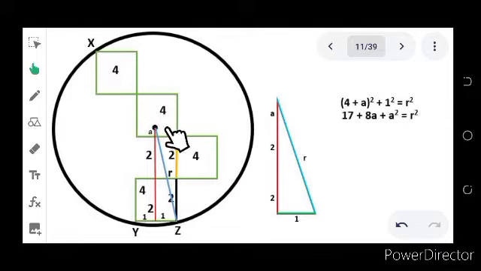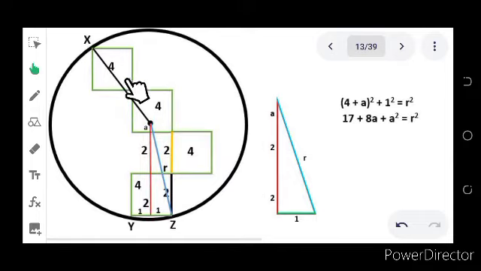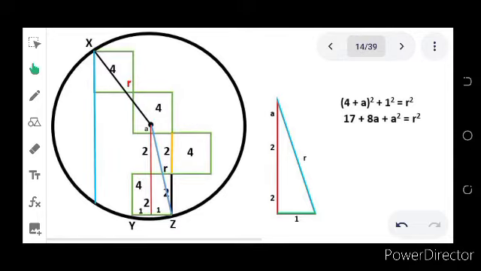Next, we draw another radius from the center going to point X. So you have that one, the black segment. This is still R because, again, that is a radius.